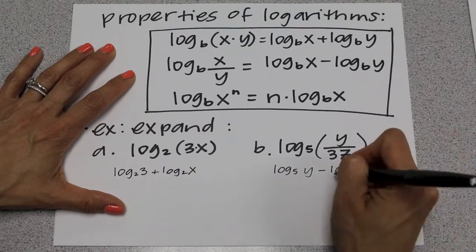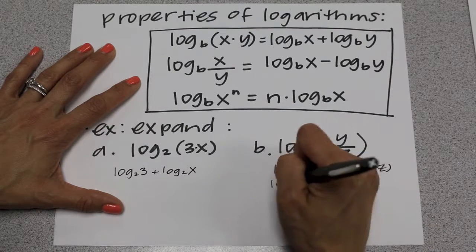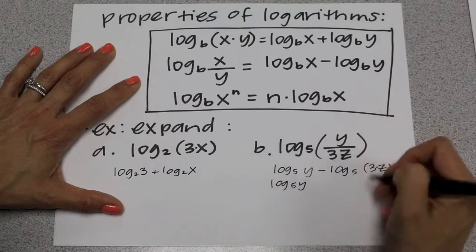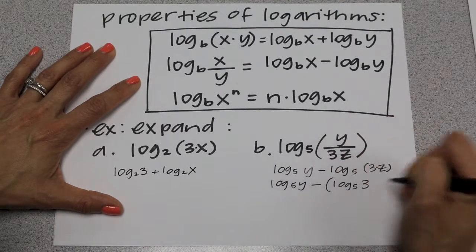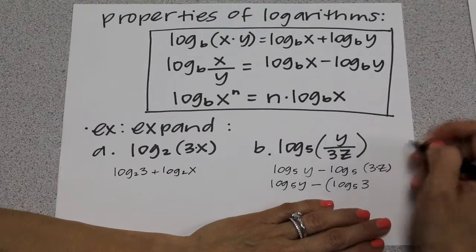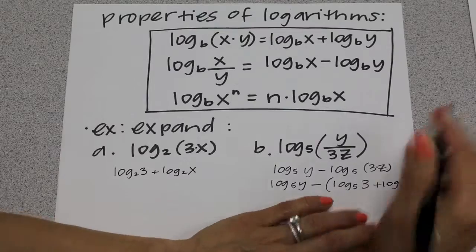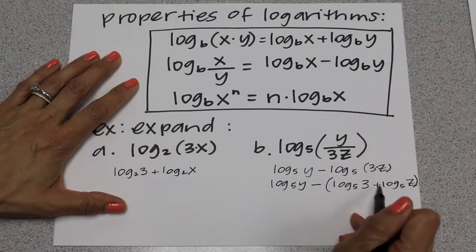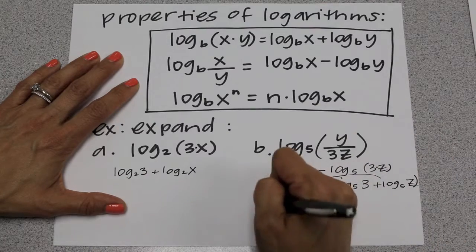So that gets split up, but it's really important that you understand that the negative is in front. So let's drop this down. And again, the negative is in front, so it's log base 5 of 3, and then these get split with log base 5 of z, with a plus, but the negative gets distributed to both logs.